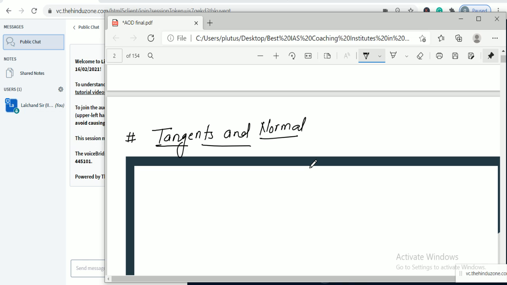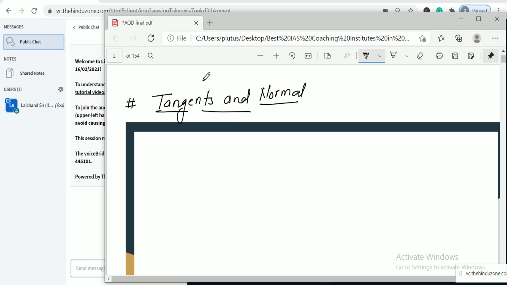But now, with the help of calculus, we are going to write same equations. What is the equation of tangent for a given curve, and what is the equation for normal for a given curve? So, how to write the equation of tangent and normal using calculus method?